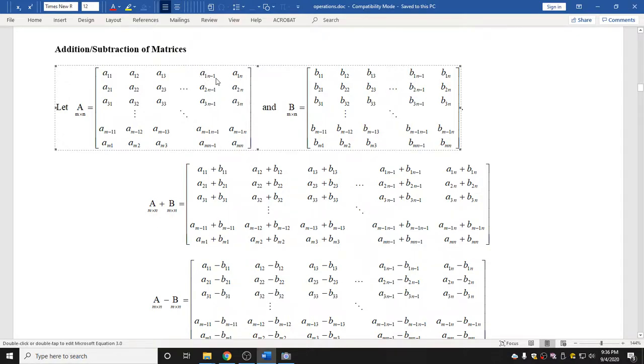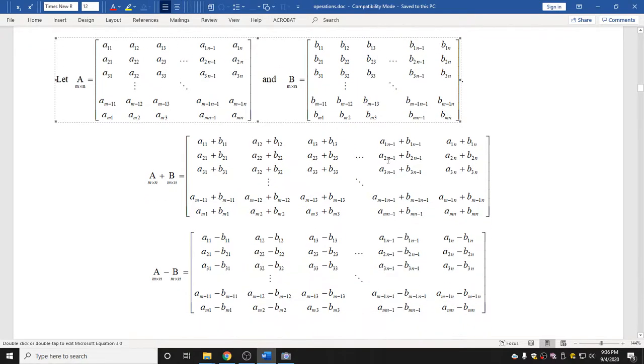A1(n minus 1) plus B1(n minus 1), and then A1n plus B1n. And then the second row of the result is A21 plus B21, A22 plus B22, A23 plus B23, and so on, up until you fill all the m rows and n columns. Excuse me.